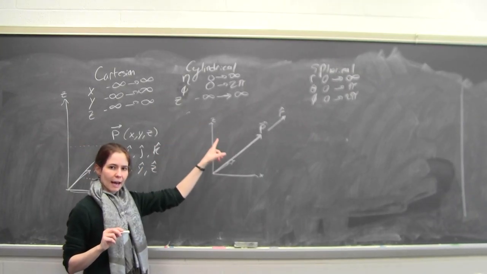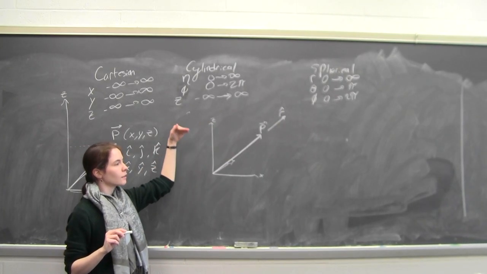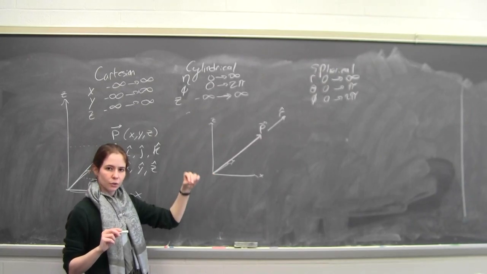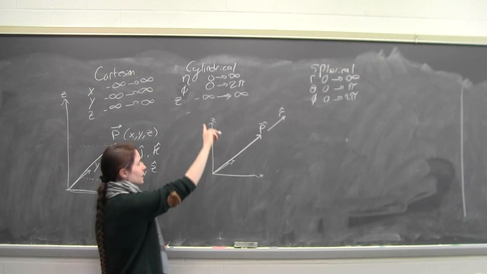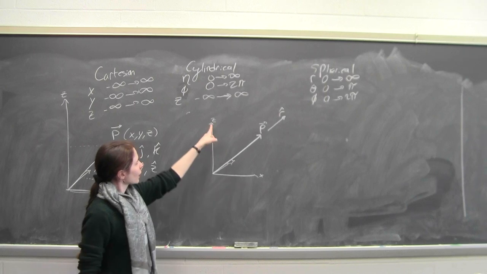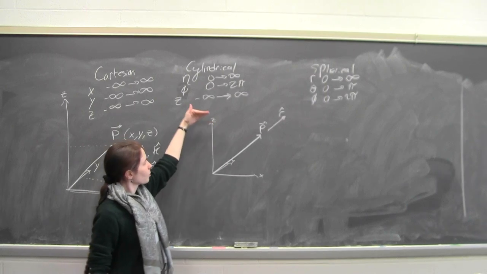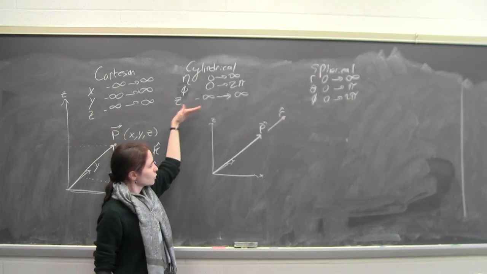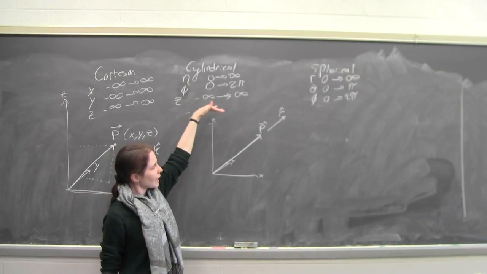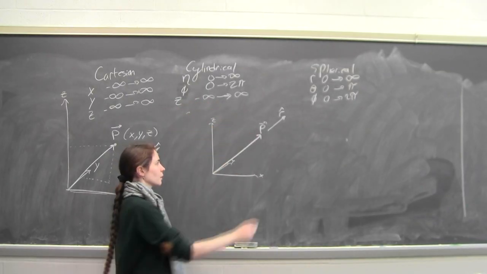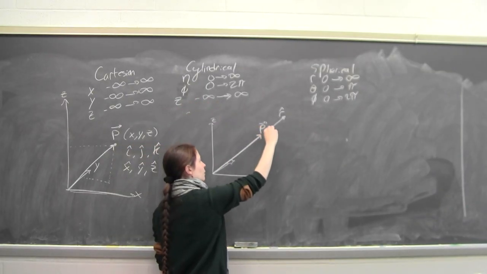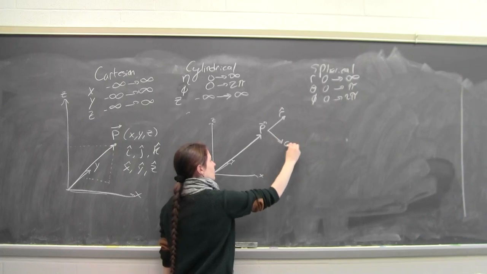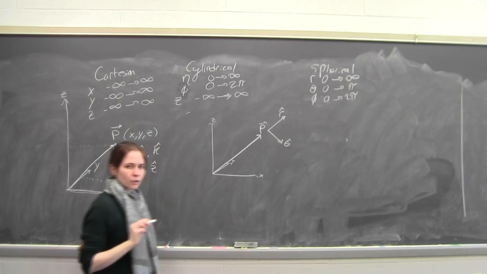The theta hat direction points in the direction of increasing theta, which is to say that right here, theta points in this direction, and you just sort of imagine sliding down the surface of a sphere. So here, theta would be pointing in this direction.